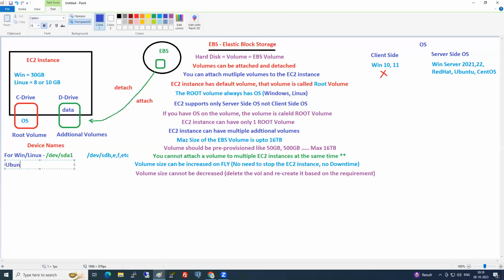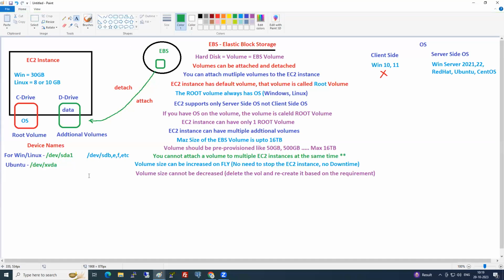And there is one more thing. For Ubuntu based, the root volume will be /dev/xvda. What is the Ubuntu root volume device name? /dev/xvda.